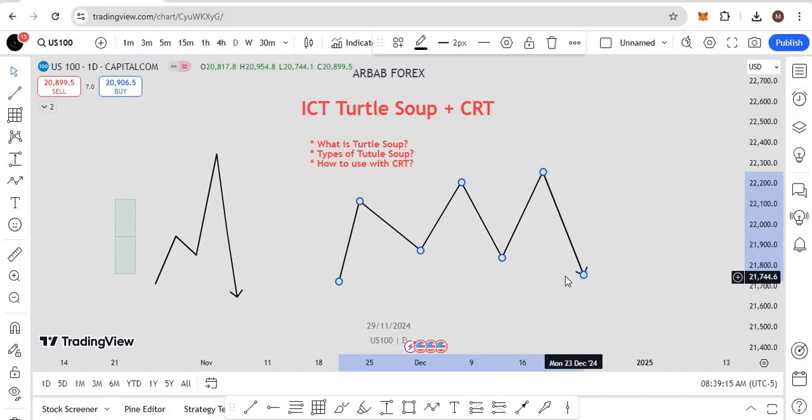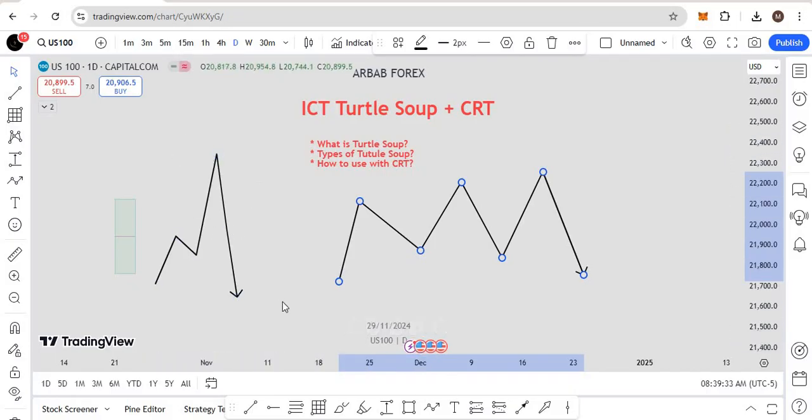You will never get to know when and where to use this turtle soup. So I'm going to show you today in which pair and at what time you can use this turtle soup strategy.